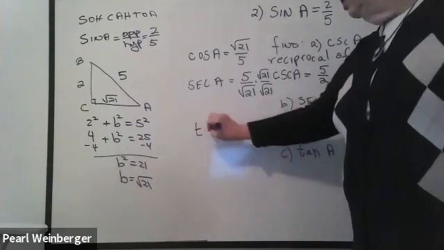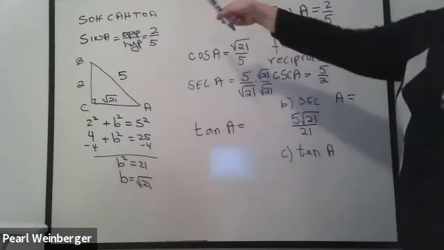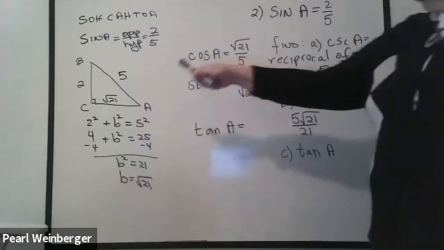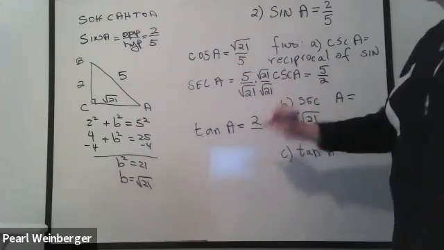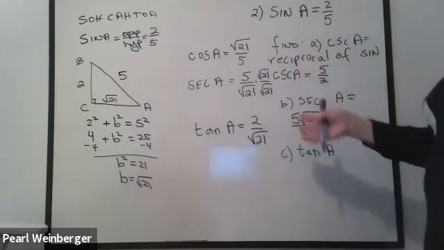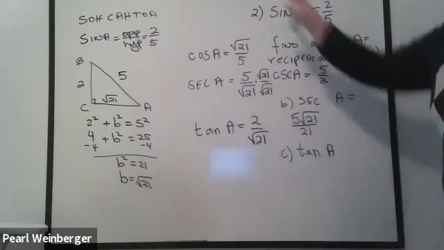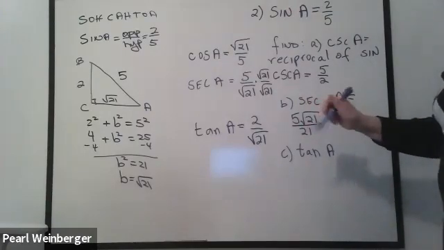Finally, the tangent of A, that's our last question. Tangent is opposite over adjacent. So opposite is 2, and adjacent is radical 21. Notice once you know what the opposite, the adjacent, and the hypotenuse are, you can find any one of the 6 trigonometric functions.